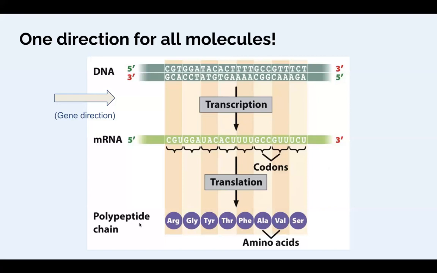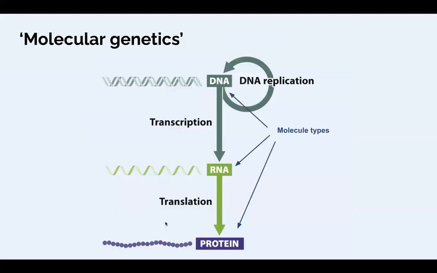Polypeptide, sometimes synonymous with protein. So we've seen different types of molecules. DNA and RNA both are nucleic acids. Protein is made up of amino acids, a very different kind of molecule.